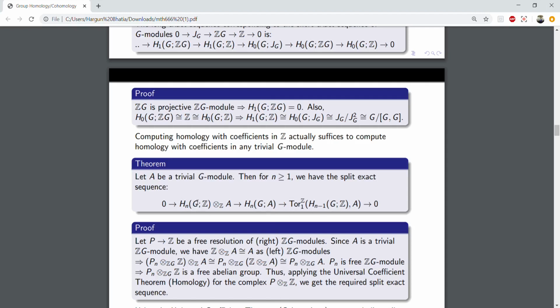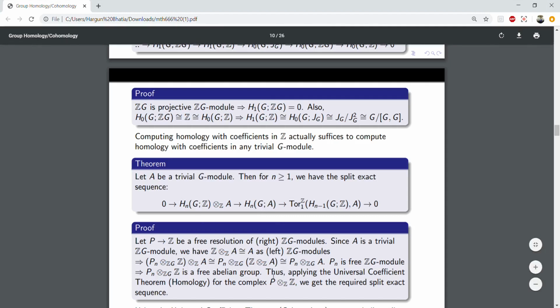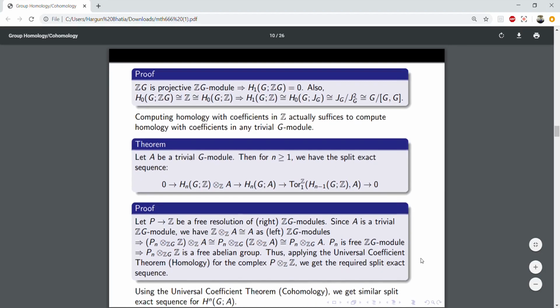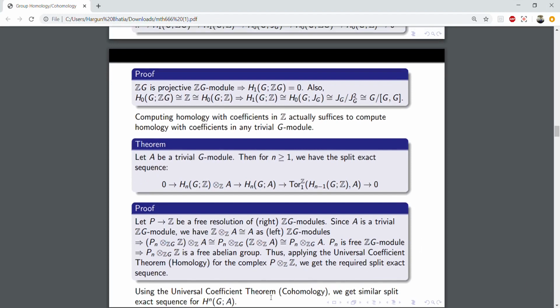You have a split exact sequence, and the homology of this complex tensored with A over Z is nothing but this group homology, and the homology of the complex itself is the group homology with Z. So that gives this theorem. In a similar way, you can establish a relationship for cohomology using the universal coefficient theorem for cohomology.